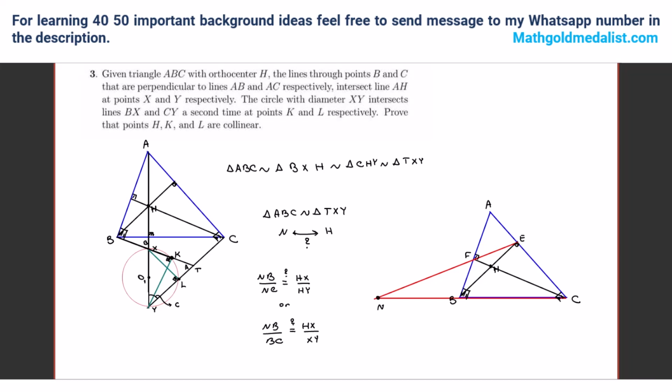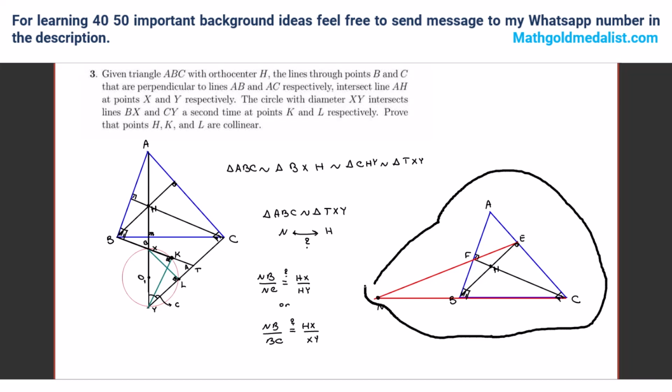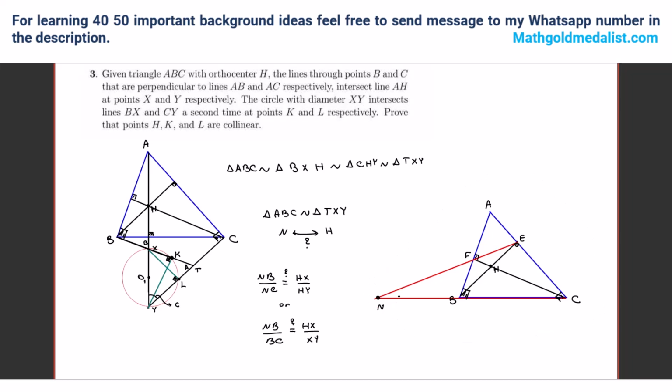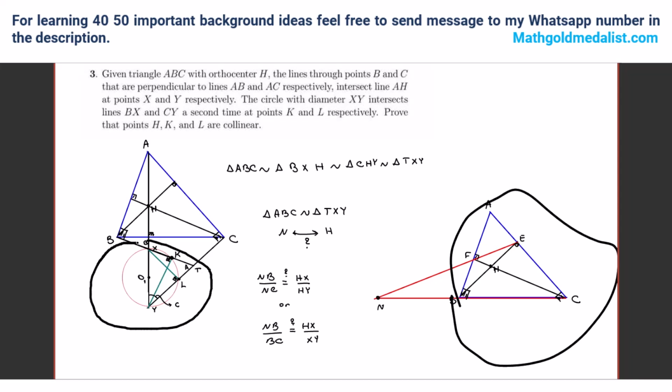Okay, want a hint for this part or want to try on your own first? I'll try more. N is the intersection of the altitudes in TBY. No. N is in this triangle, in this figure. I said ABC is similar to TXY, right?